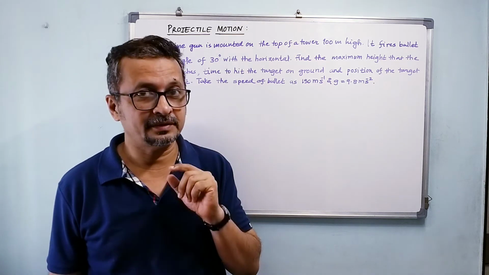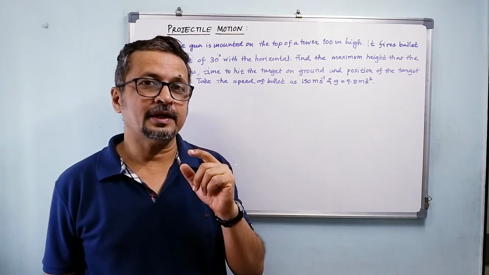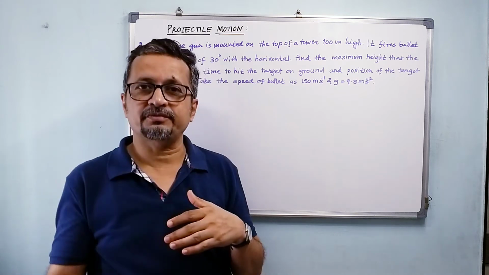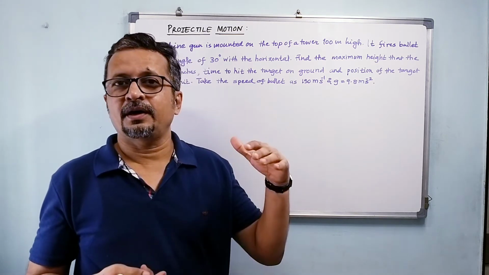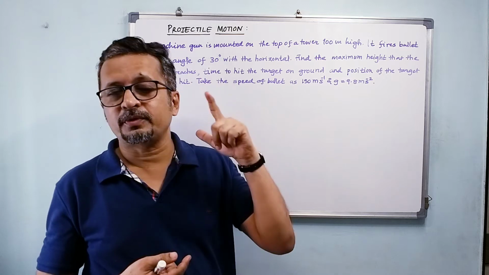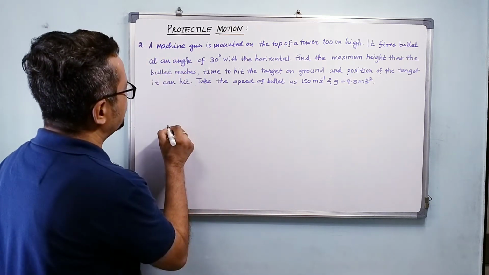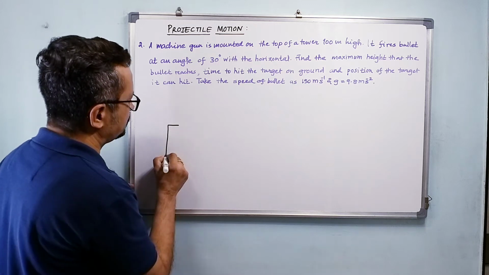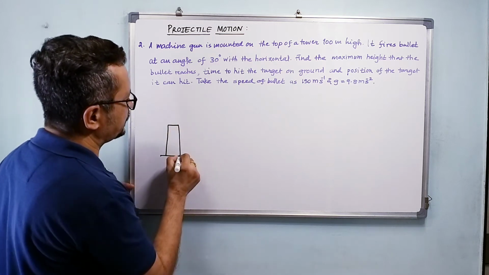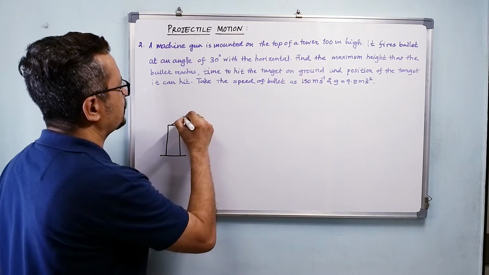Now see, it is very important that it's not surface to surface, it's the gun is mounted on top of the tower. Correct. So from there, it's going to something like this. The tower is here. This is my ground, and this is where the gun is mounted.